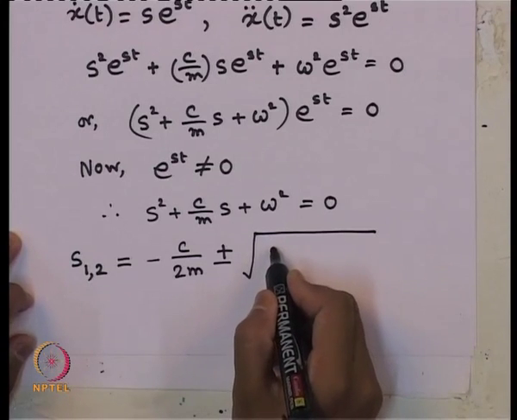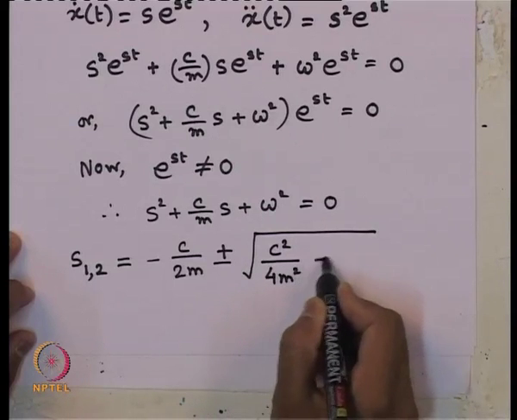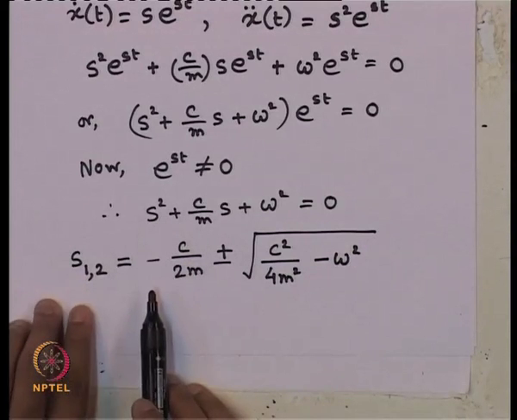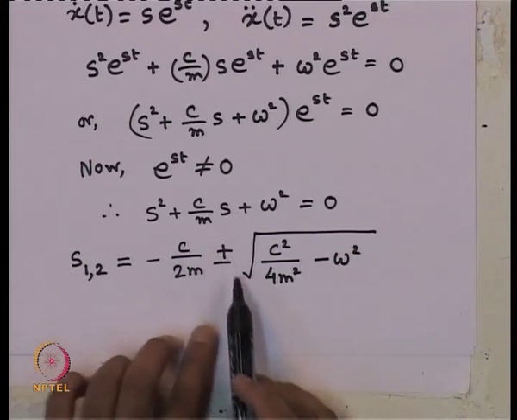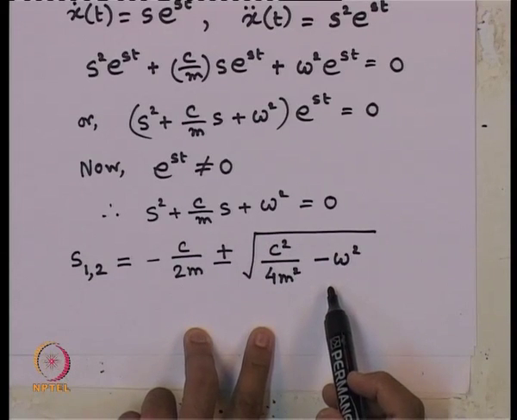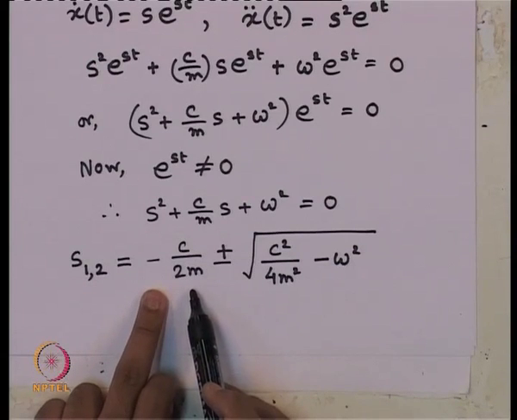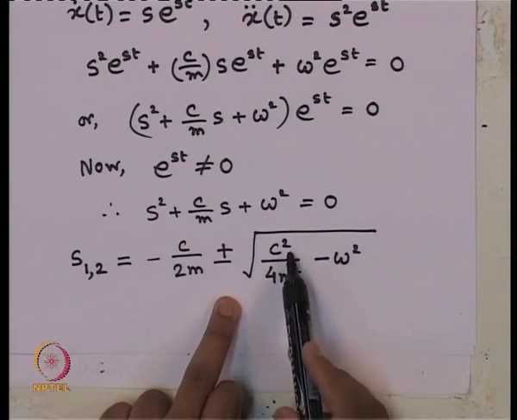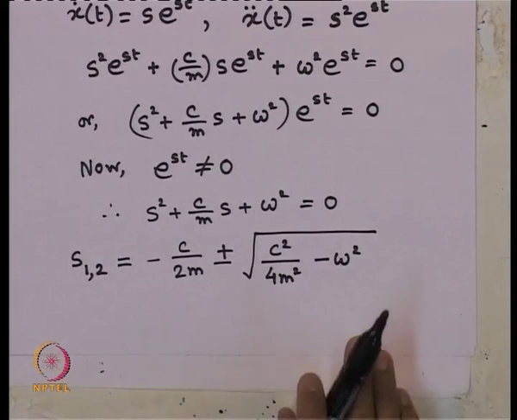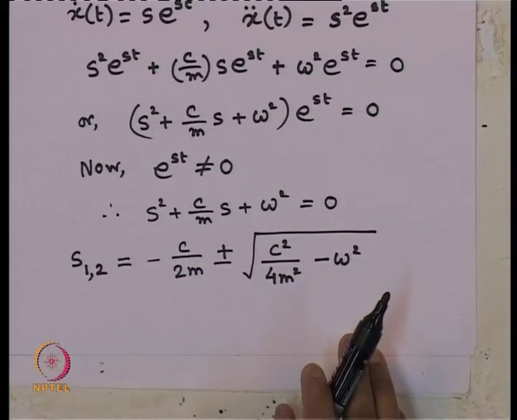So, one root is s 1 equals minus c by 2 m plus root over c square by 4 m square minus omega square, and the other root s 2 will be minus c by 2 m minus root over c square by 4 m square minus omega square. So, these are the two roots of this second order differential equation.